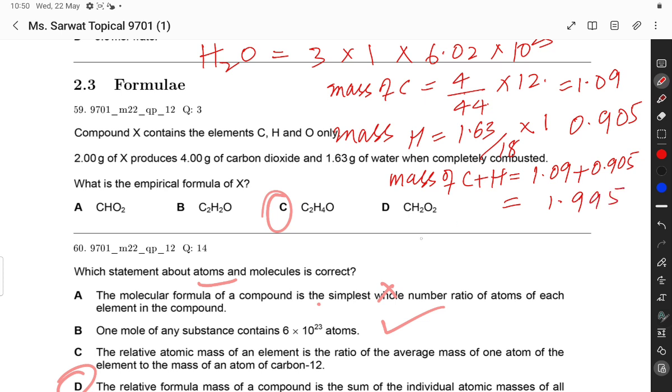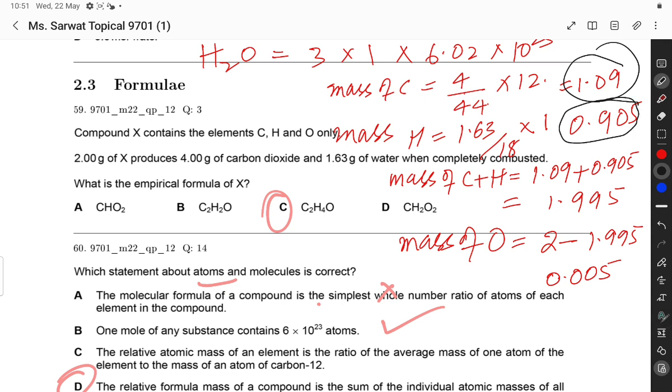This is carbon and hydrogen, and the mass of oxygen is found by subtracting 2 gram minus 1.995, which is equal to 0.005 gram. So the mass of carbon is this, mass of hydrogen is this, and mass of oxygen is this. Now by using these masses we calculate the empirical formula.